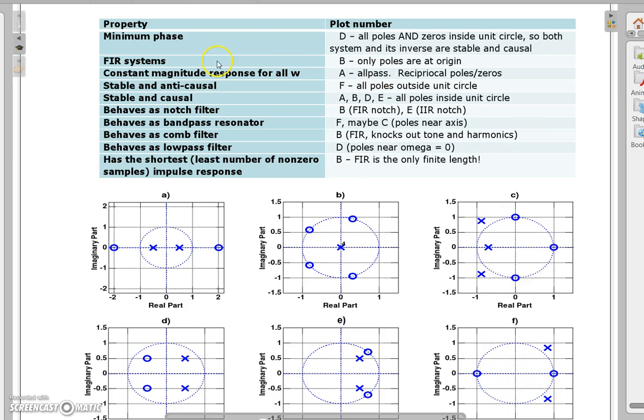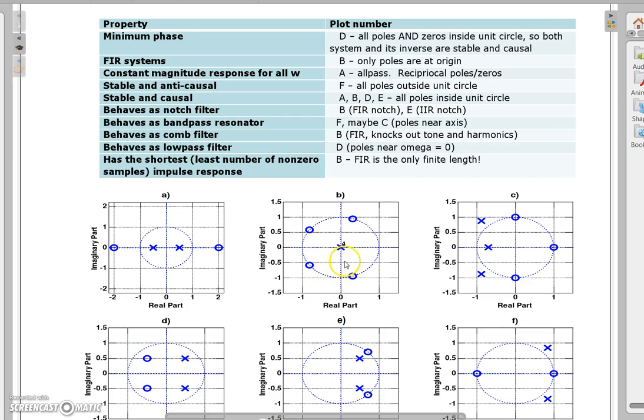So if we have anticausal systems and we want the ROC to include the unit circle, which is the definition of stability, that the ROC includes the unit circle, then if we're anticausal, it means the poles have to be outside, so the ROC is inside the poles and includes the unit circle. So this one is the only one of that nature.